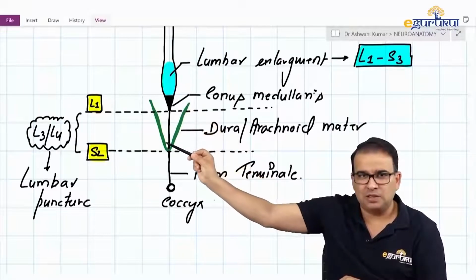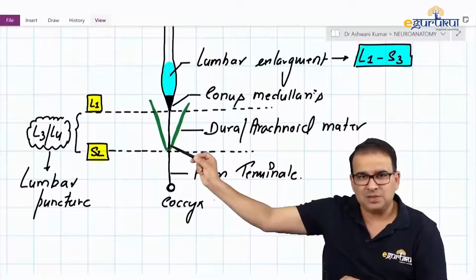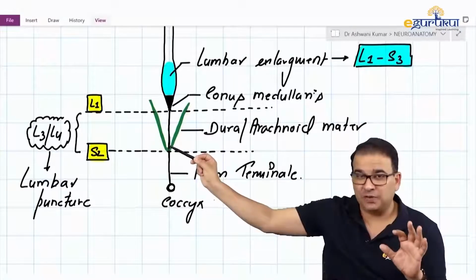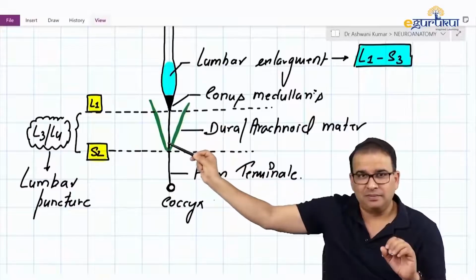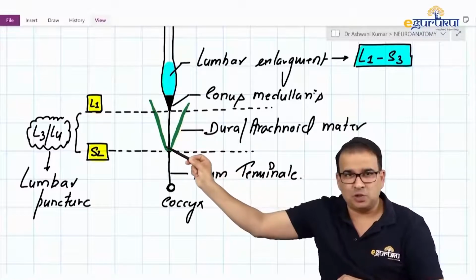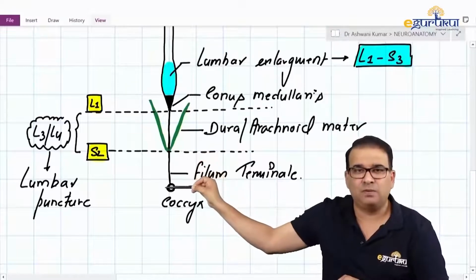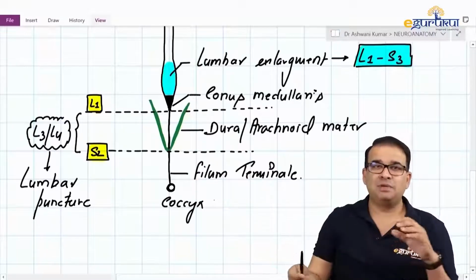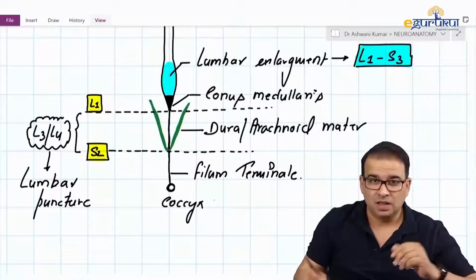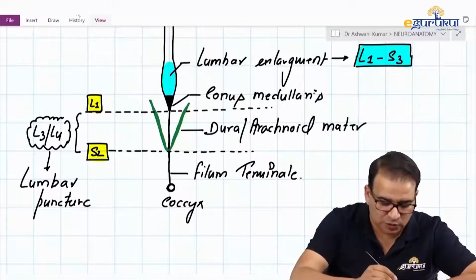So I can say filum terminale is made up of pia mater, true, but pia mater is extending from this point till this point here, because at this point we have all the three meninges finishing. Pia mater coming till here, dura and arachnoid mater is also coming till here, and they're all fusing with each other, and then they're giving this extension further, and that is called filum terminale externum. So I can divide the filum terminale also in two parts.